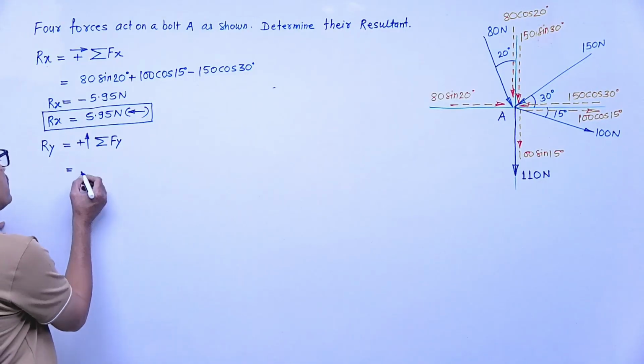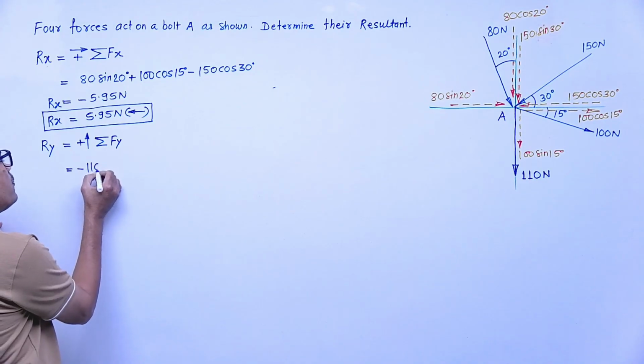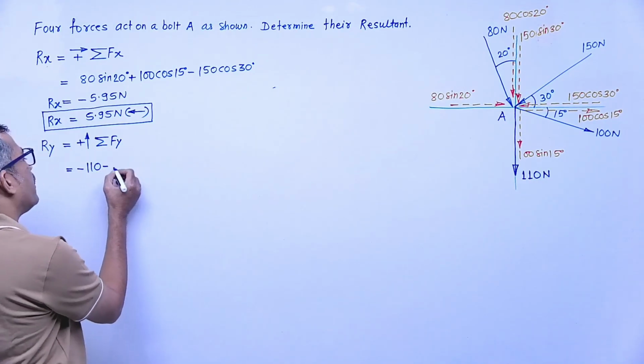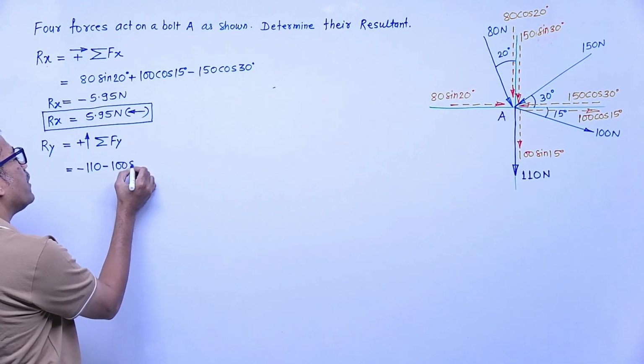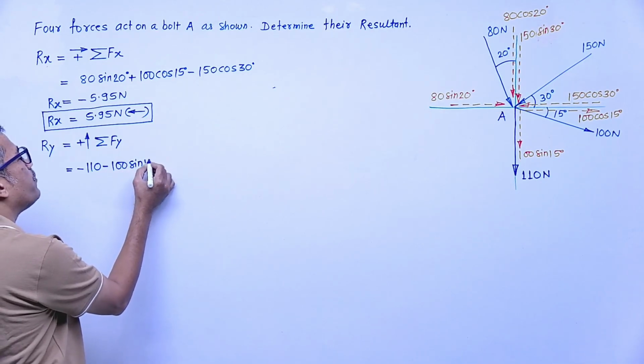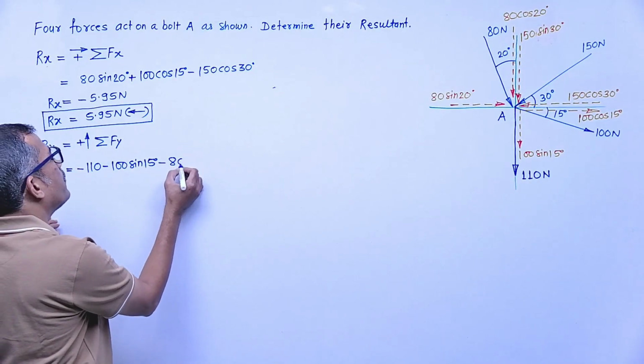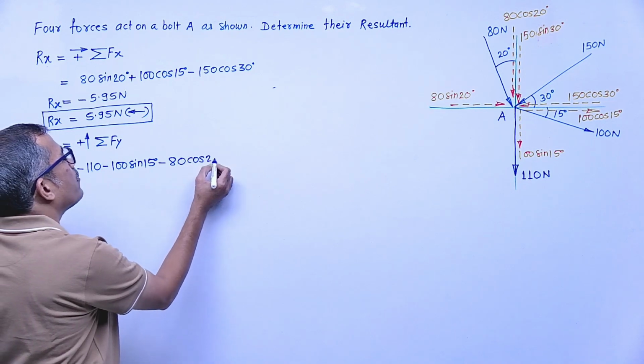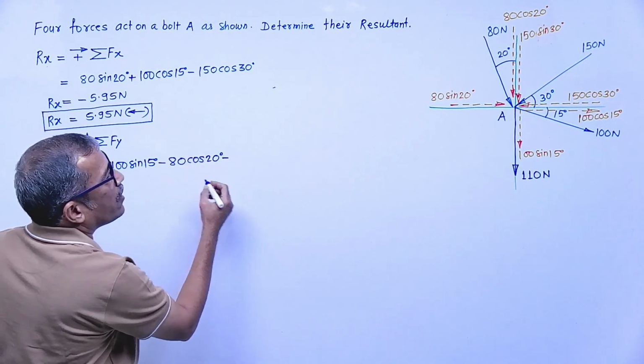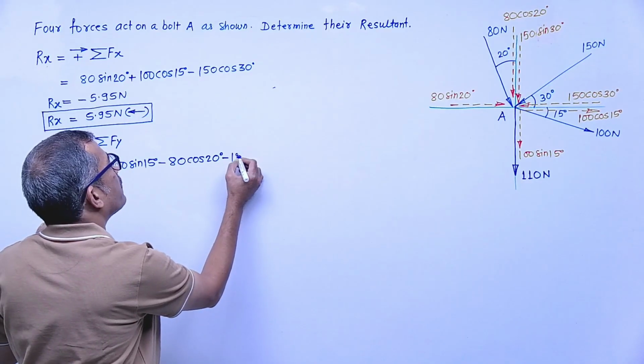Ry equals minus 110 minus 100 sin 15 minus 80 cos 20 minus 150 sin 30.